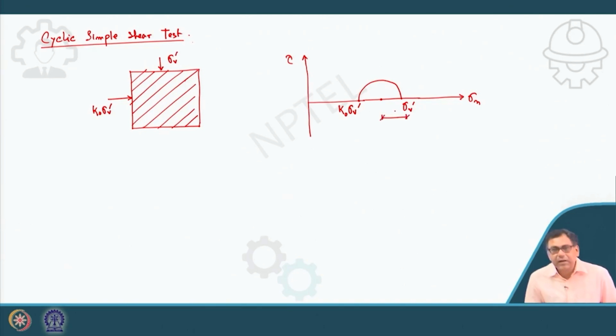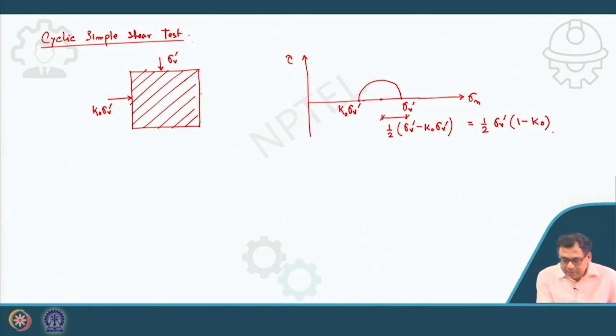The radius of this circle is half of sigma V dash minus K0 sigma V dash, or I can write half sigma V dash (1 minus K0), that is this radius.